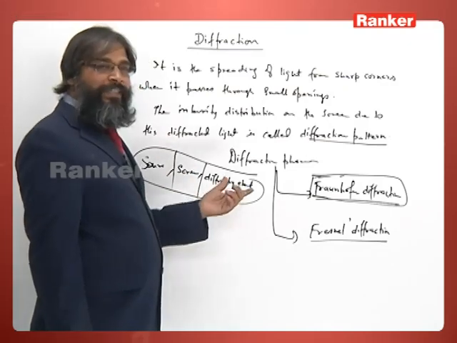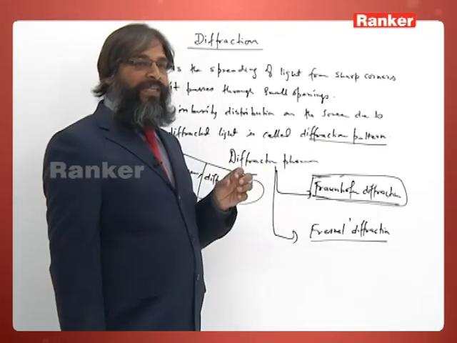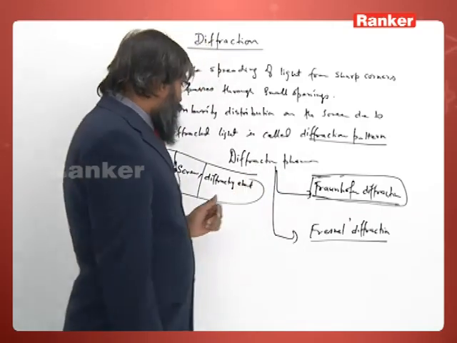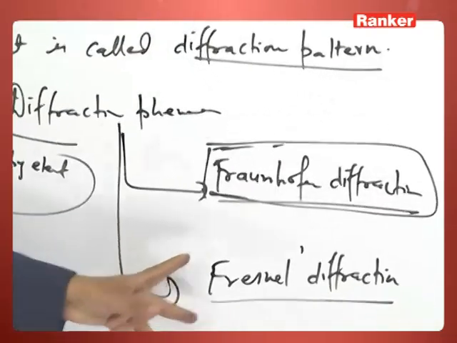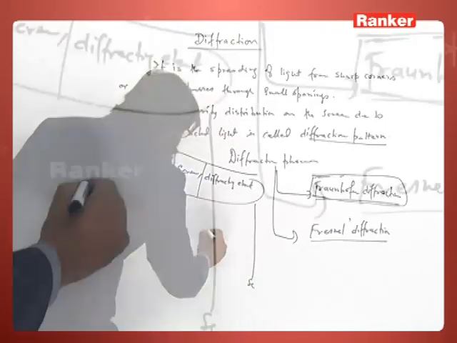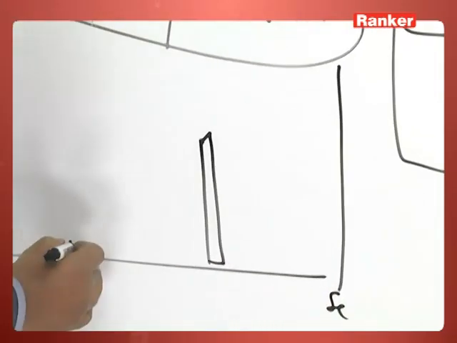The diffracting element can be an obstacle, or an opening from where the light is going to diffract or spread out. So in Fresnel's diffraction, suppose this is the screen, this is an obstacle and this is a source.